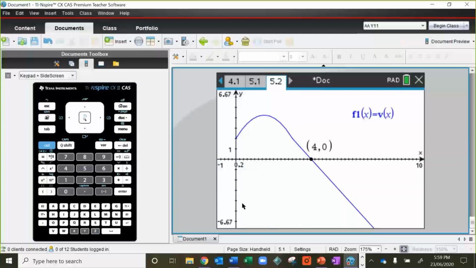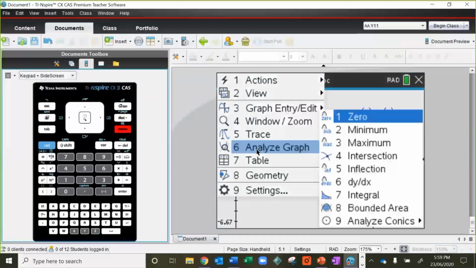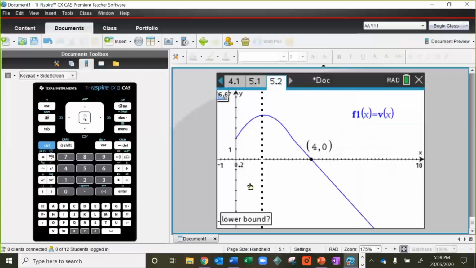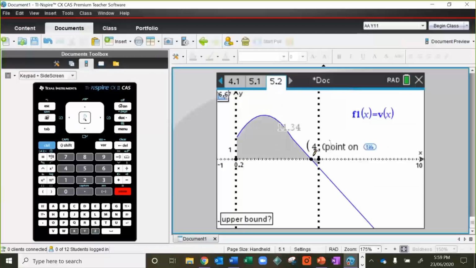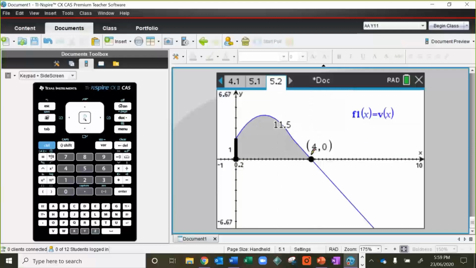The first part was find the distance traveled until it comes to rest. We can use integral here. We go type 0, enter, and move to the intersection point and enter. So this distance is equal to 11.5 until it comes to rest.